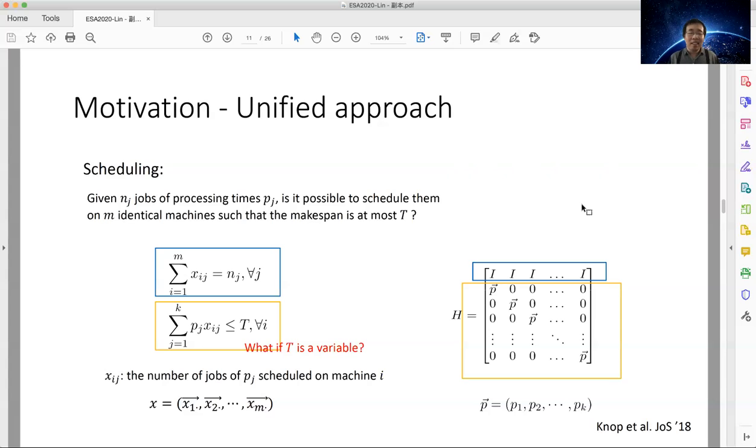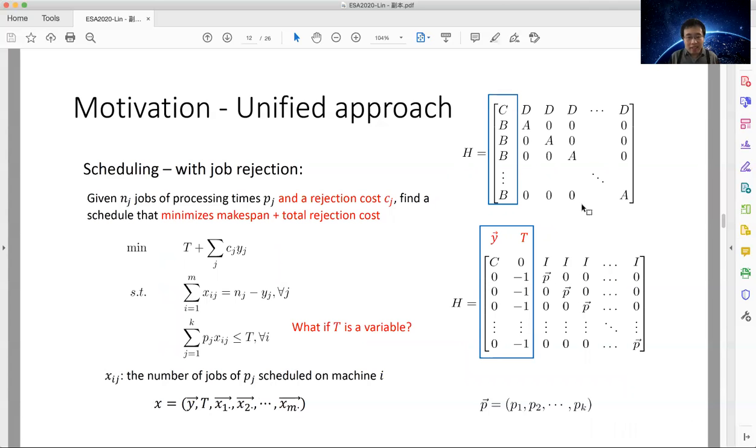In this case, the constraint matrix becomes more complicated. The reason T is not normally a variable is because we can do binary search. But if we cannot do binary search, then things become tricky.